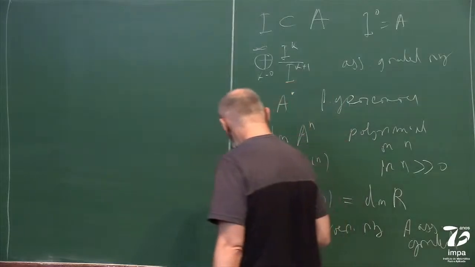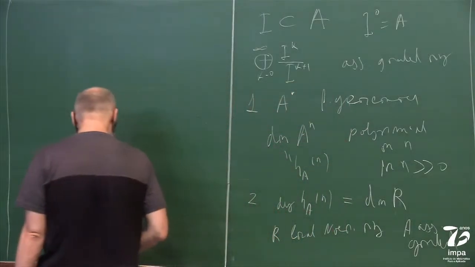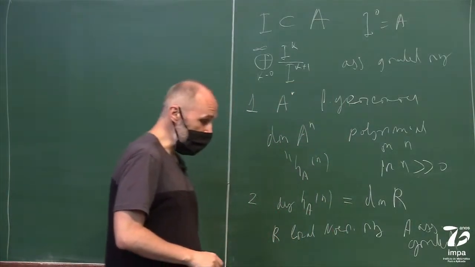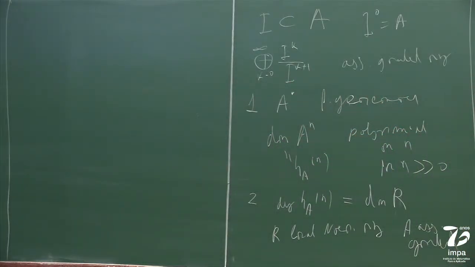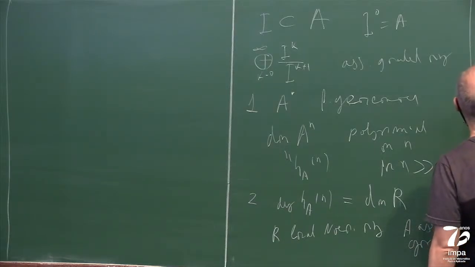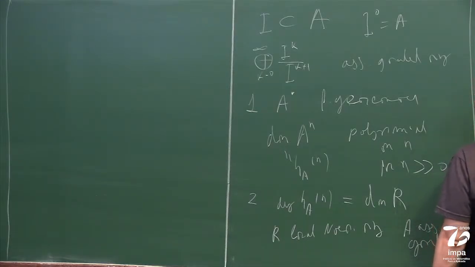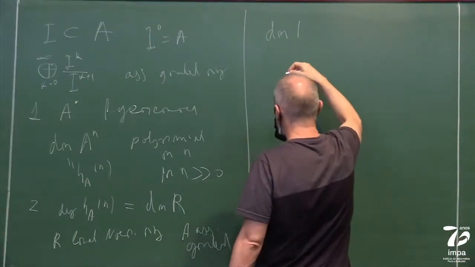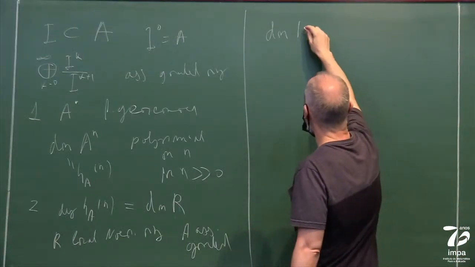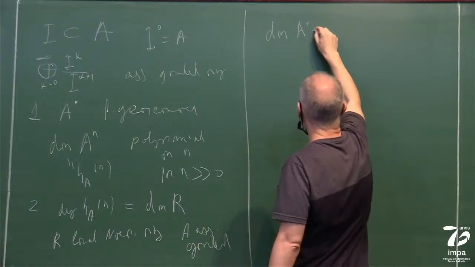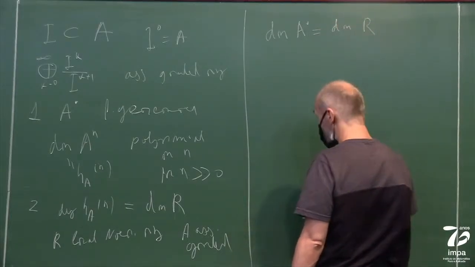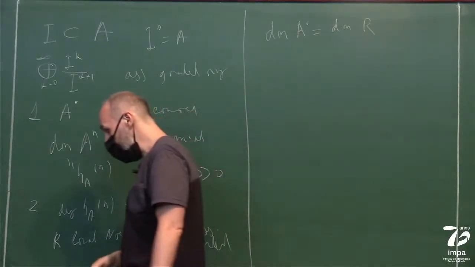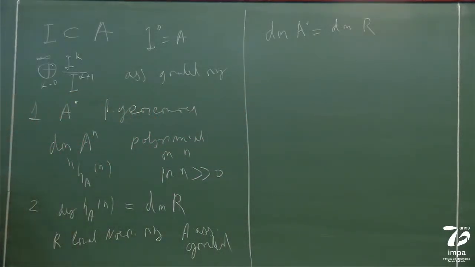In particular, since the associated graded ring is already graded, its associated graded is itself. So this implies that the Krull dimension of A star is equal to the Krull dimension of R. Passing to the associated graded ring doesn't change the Krull dimension.